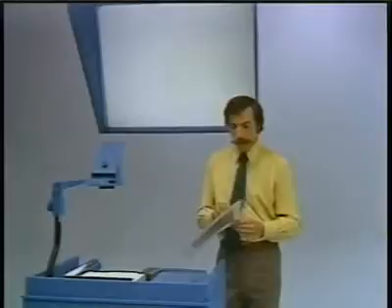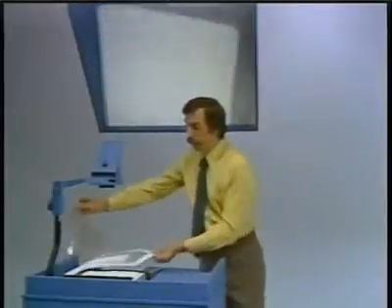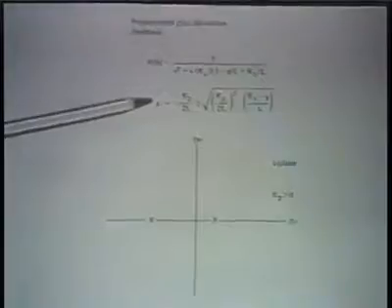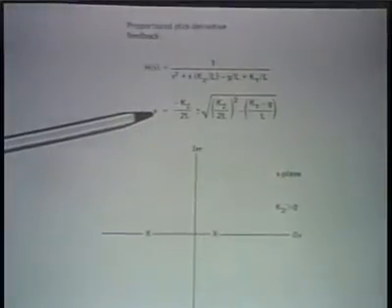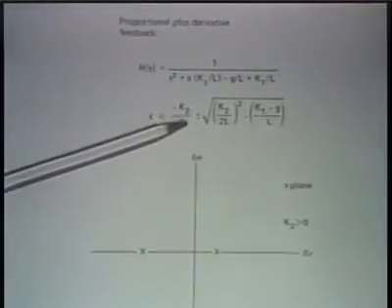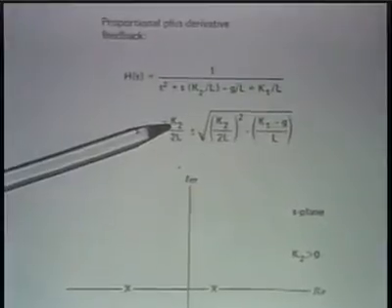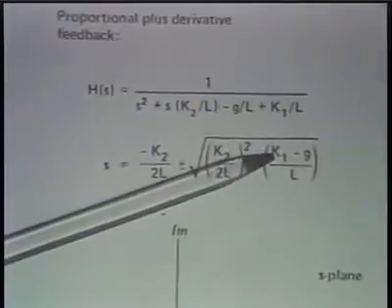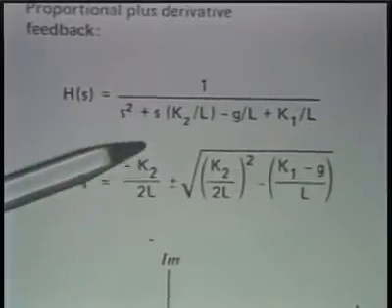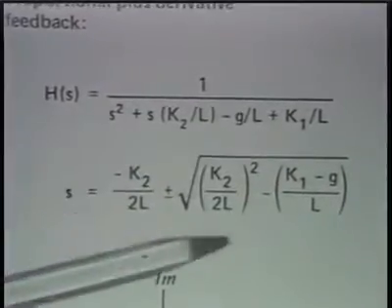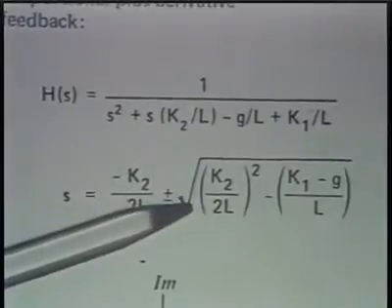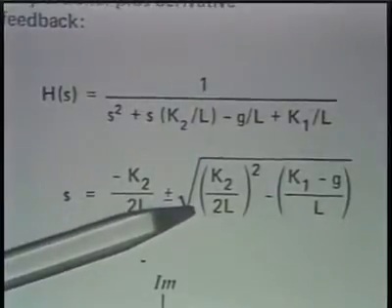All right, now with k2 greater than 0, what happens in the location of the poles is that if we choose k1 equal to 0, then in effect the influence of k2 is to shift the poles of the open loop system slightly.